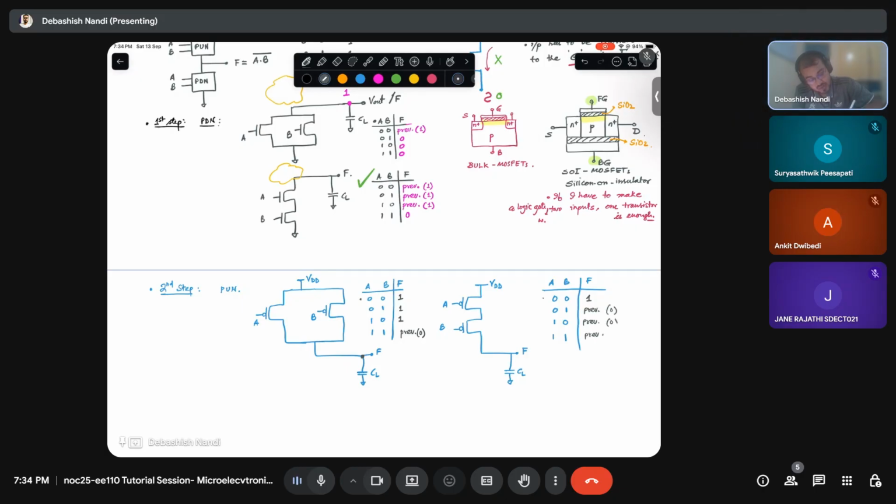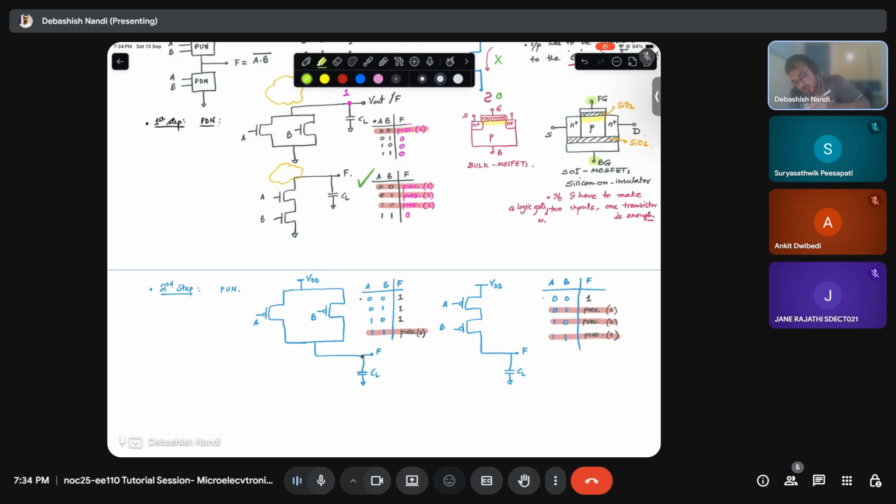So what do I mean by previous stage? Previous stage means my pull up, in this case, my pull down network is off, right? These are the cases when my pull down network is off. And these are the cases when my pull up network is off. Do you agree with that statement? Yes.